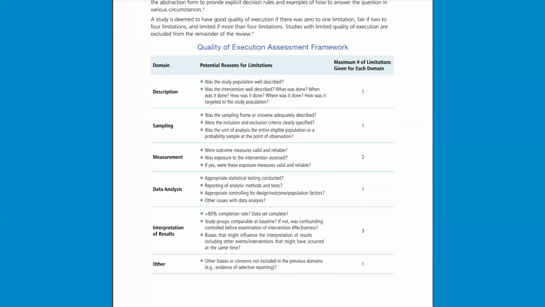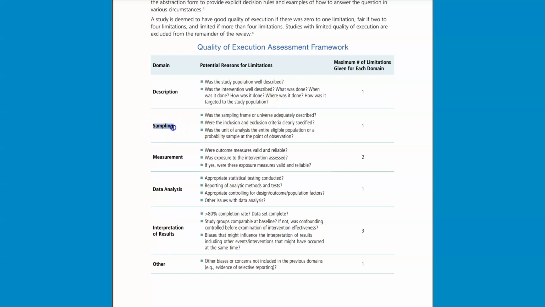So you still want to ask some screening questions for the studies that you have remaining. For instance, was the study population well described? Was the intervention well described? What was done? When was it done? How was it done? Where was it done? How was it targeted to the study population?